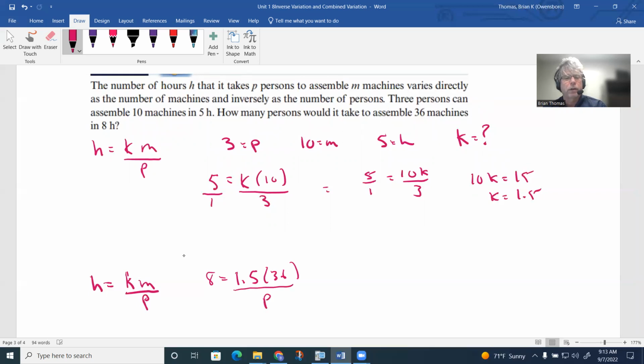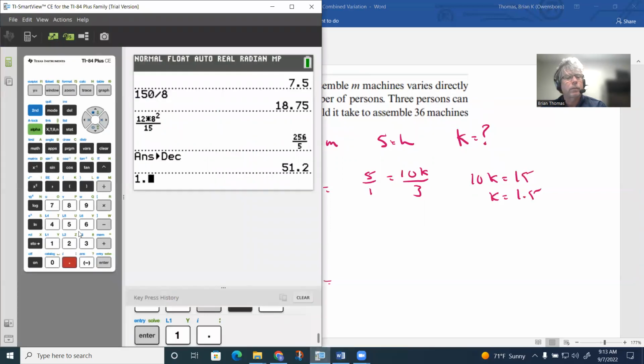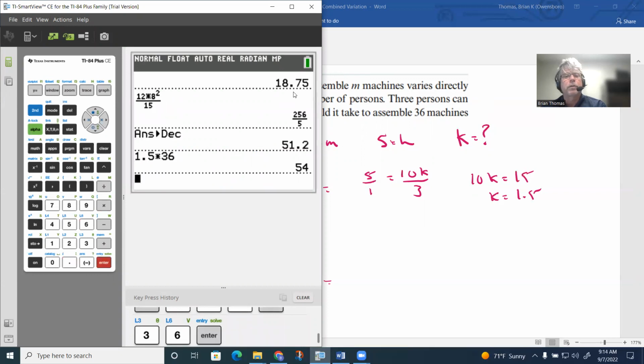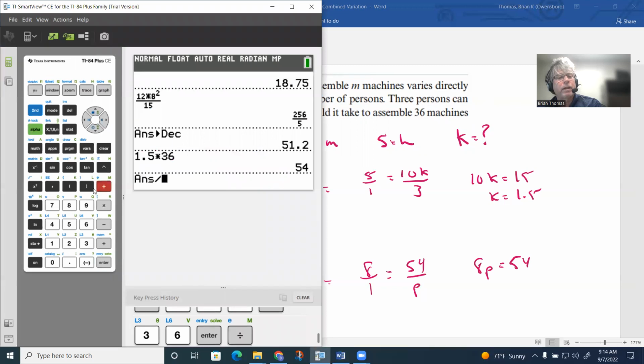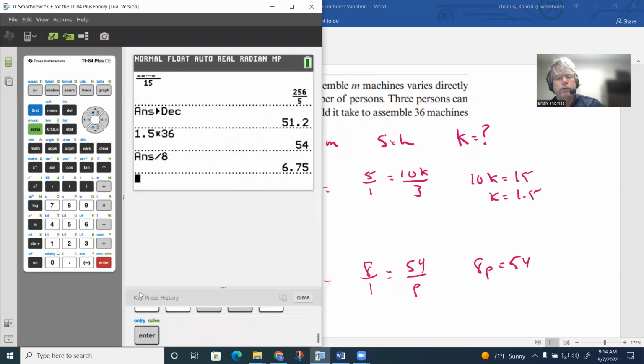That's going to be down here. Again, I can make this a proportion by putting that 8 over 1. I clean up the top, multiplying 1.5 times 36, which gives me 54. So I have 8 over 1 equals 54 over P. We can cross multiply and get 8P equals 54. If I divide both sides by 8, I end up with 6.75.